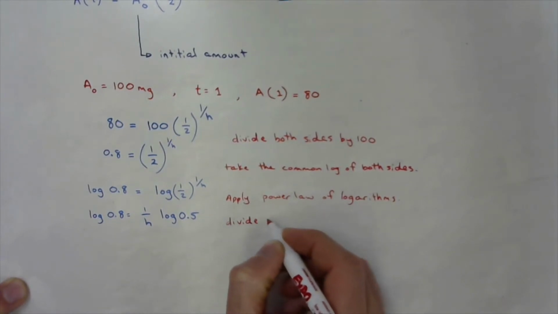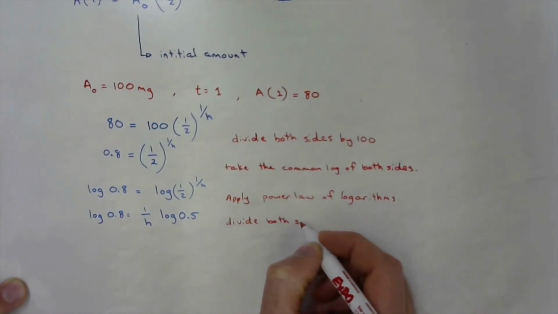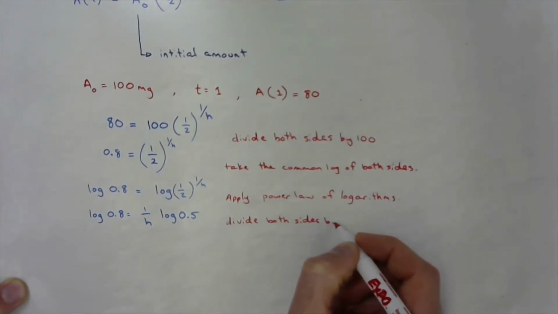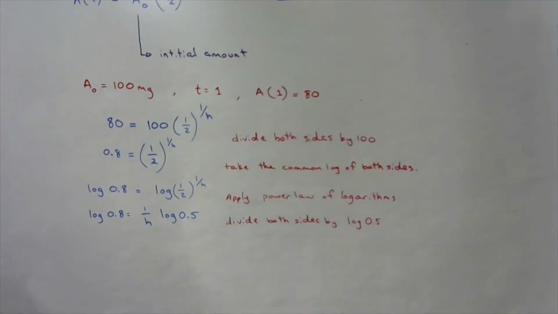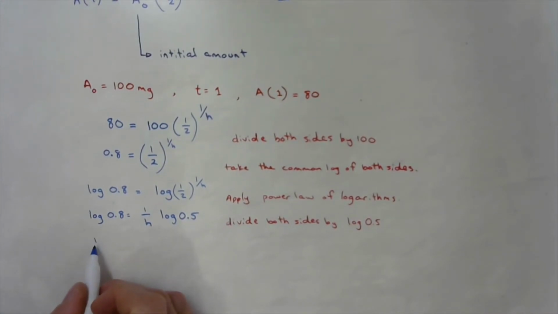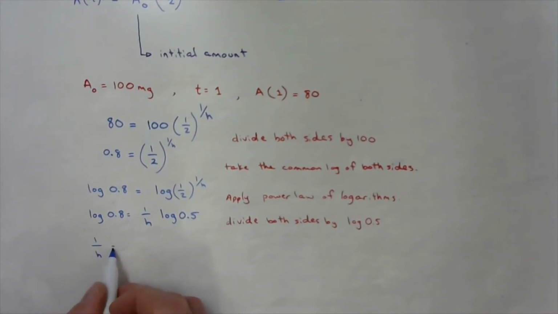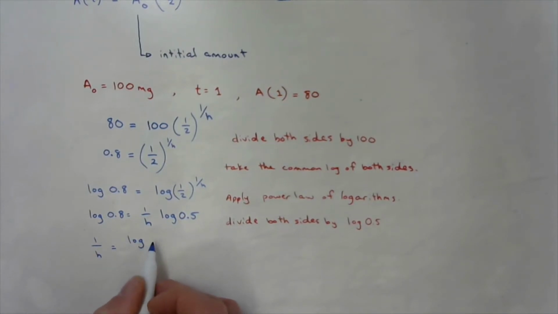Divide both sides by the log of 0.5, which would get us, I'm going to put my 1 over h on the left now. We have the log of 0.8 over the log of 0.5.